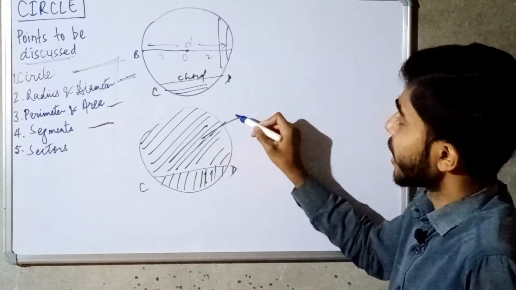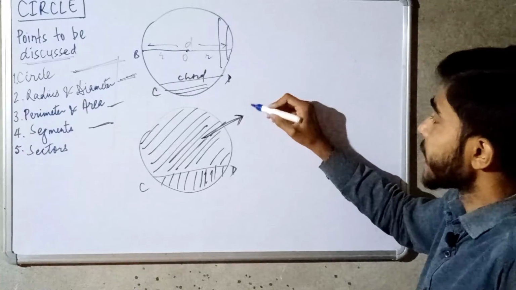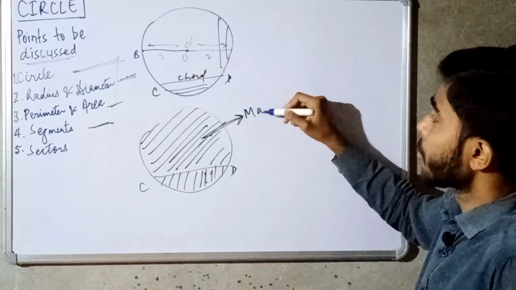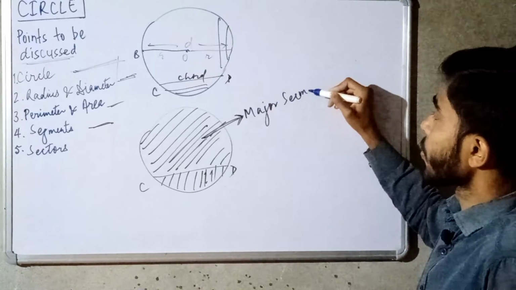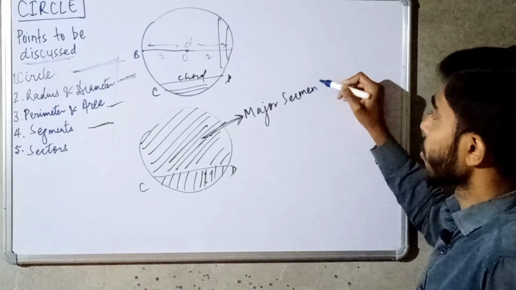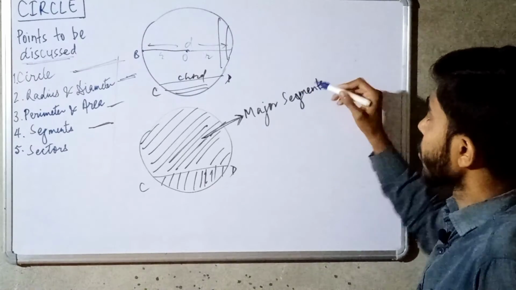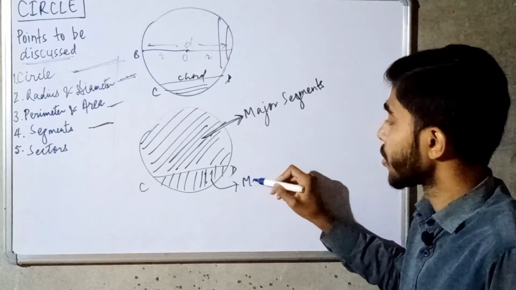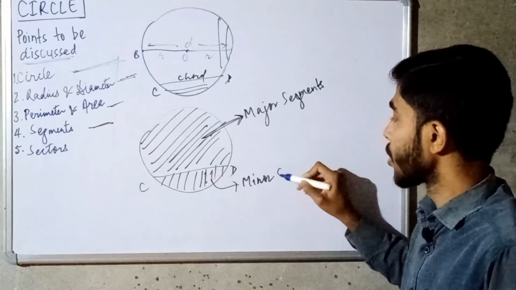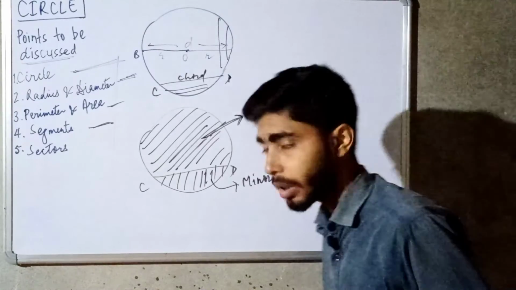The major area is called the major segment, and the minor area is called the minor segment. Understood?